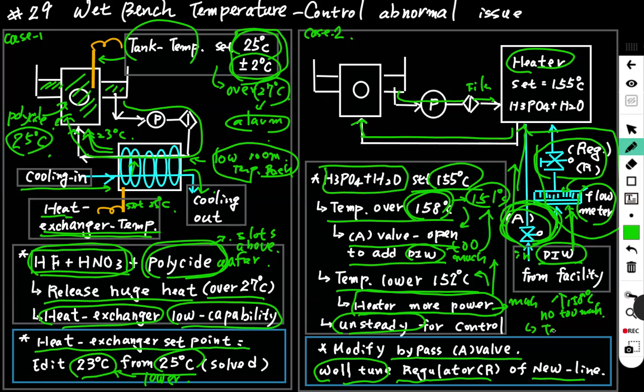Then it lets the temperature go down without suddenly dropping very fast, so the heater power steadily increases for the low temperature. So we modify another new DI water in line with regulator to solve this problem. Okay, let's see you next time.